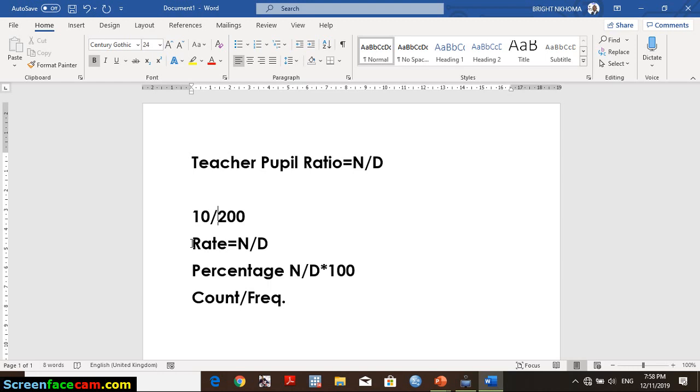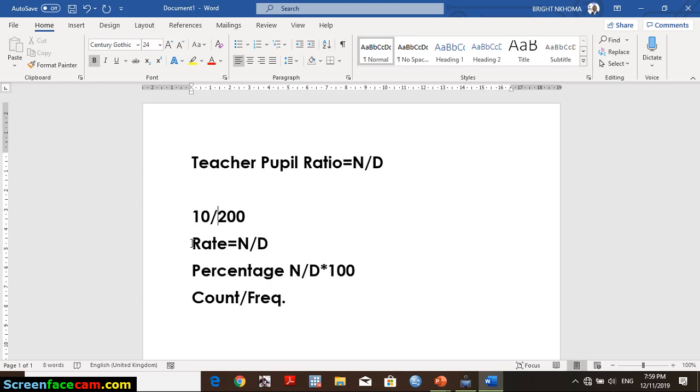But if you have technical experts who can help you to break down what you are calling quality of education, where you define it in terms of teacher to pupil ratio, in terms of the environment itself, in terms of the number of toilets available, in terms of other services that are offered at that particular school, then it will be possible for you to quantify what we call quality of education.